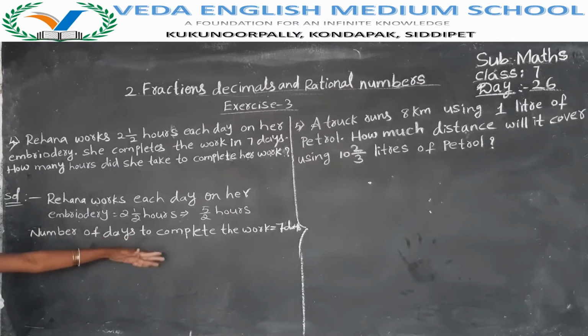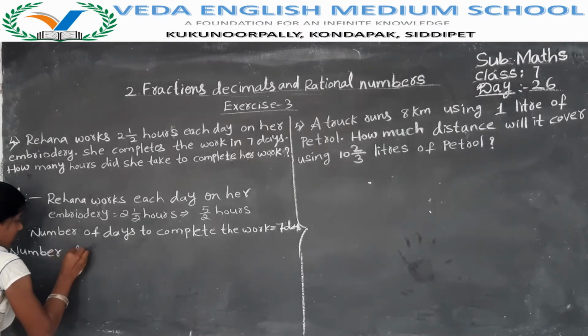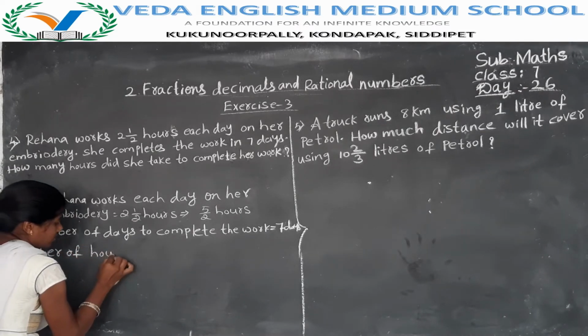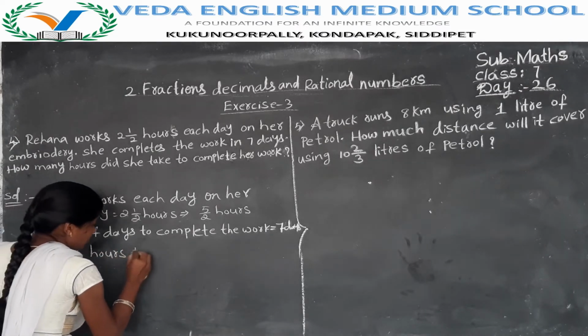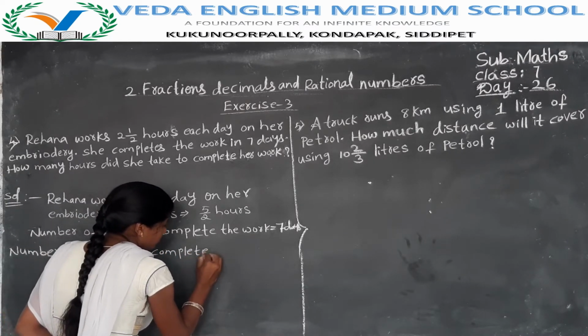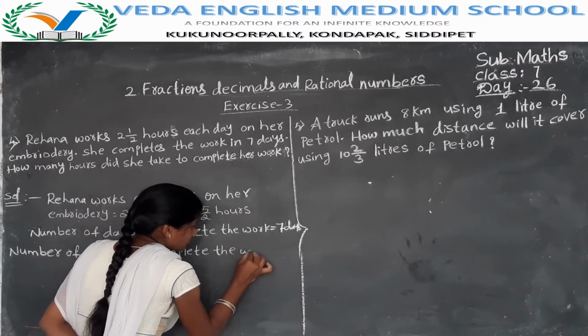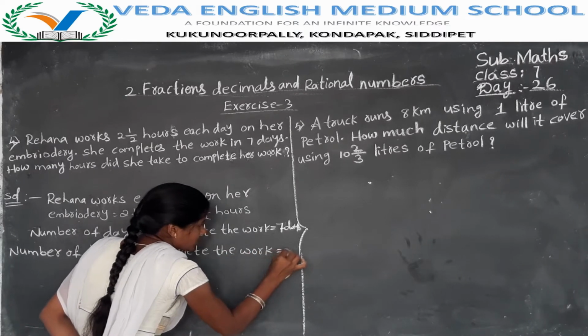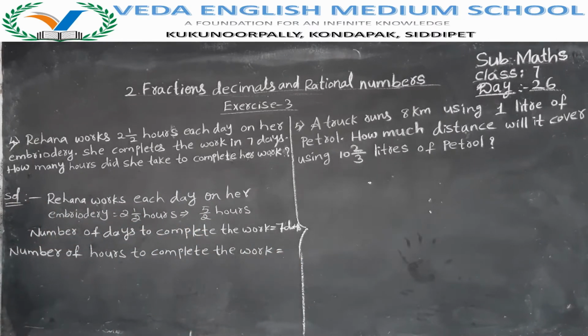Now we have to convert that 7 days into hours. How to convert? Now see, number of hours to complete the work is equal to... We have already learned how to multiply a whole number with a fraction.